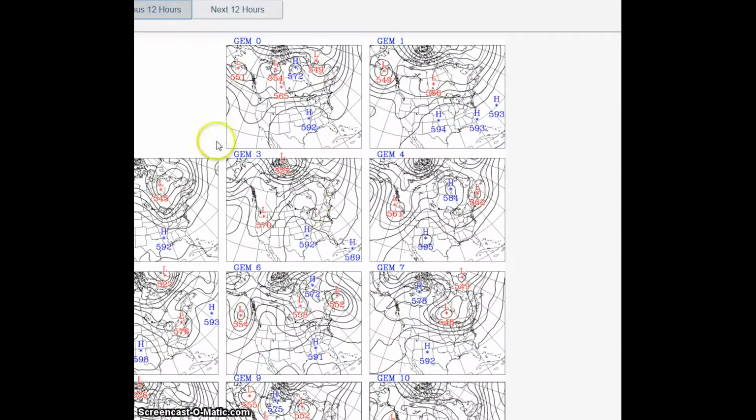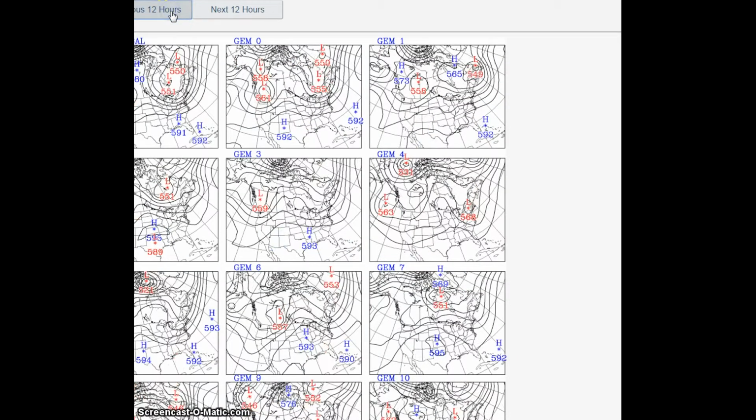And you can see how the ridge here and here kind of jumps back and forth. And the NAEFS is similar to the other models.